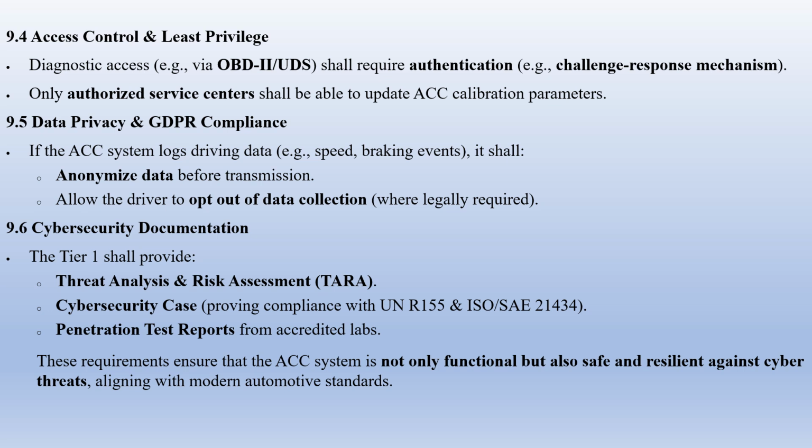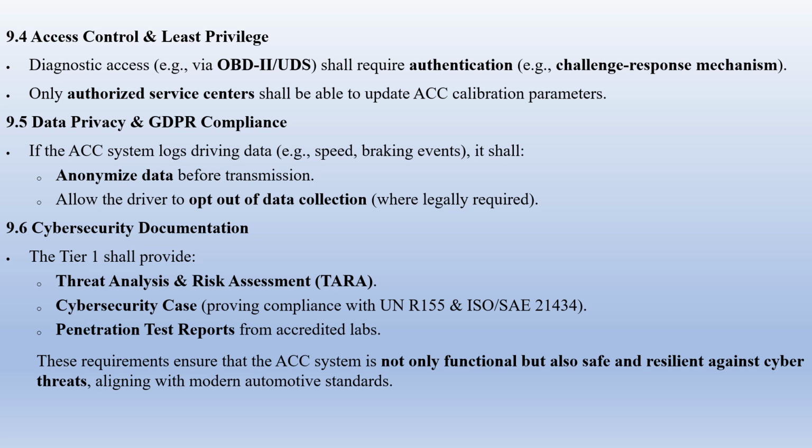Next is cyber security documentation. The tier one shall provide threat analysis and risk assessment, cyber security case, and penetration test reports from accredited labs. So this documentation should be provided by the tier one to the OEM. When the requirement elicitation is happening, the OEM will clearly demand these documents from the tier one.